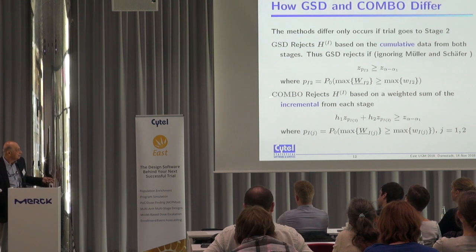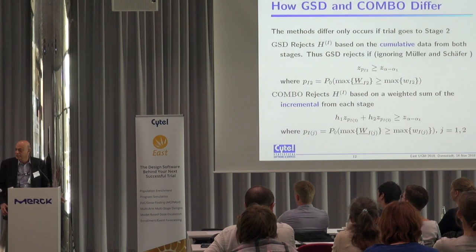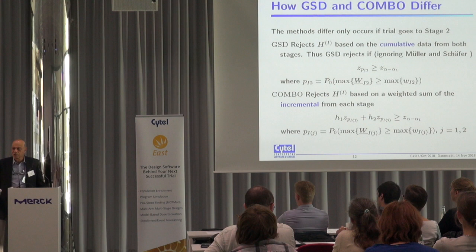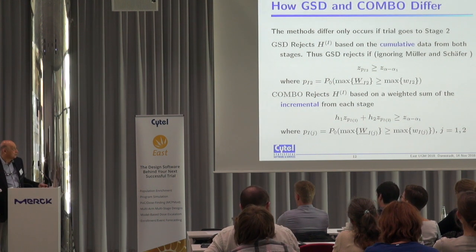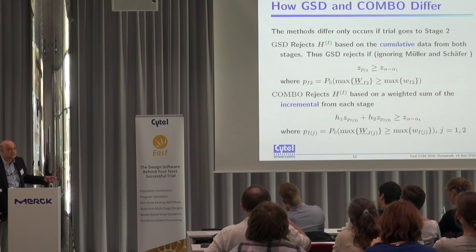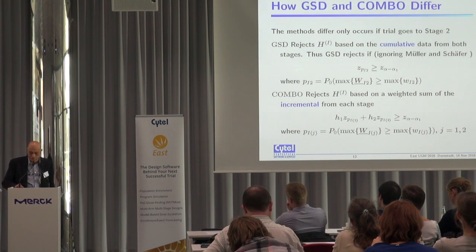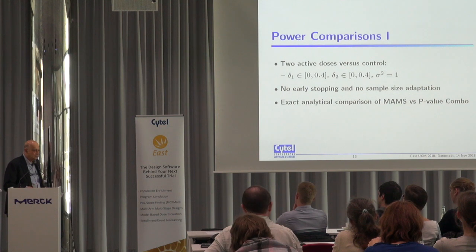Whereas the p-value combination test is saying, I'll calculate the p-value of the first stage separately, I'll calculate the p-value of the second stage separately, and then I'll combine them. And so given this difference, the question is, which is better? The rest of my talk is comparing these methods.